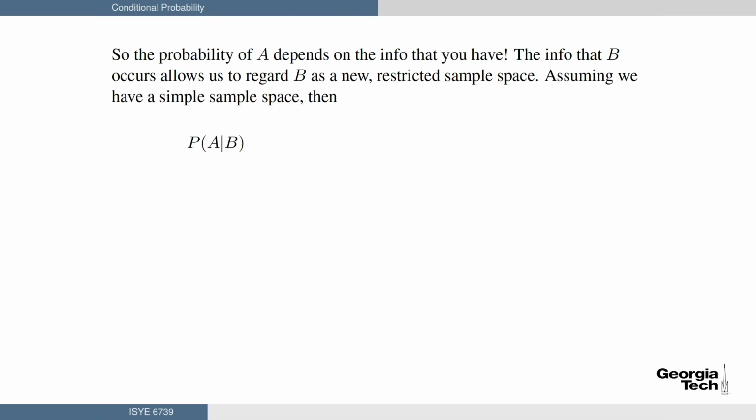And in that case, assuming we have a simple sample space where all the elements have the same probability, then the conditional probability of A given B equals the cardinality of the intersection of A and B divided by the cardinality of B. Let's divide top and bottom by the cardinality of the original sample space.